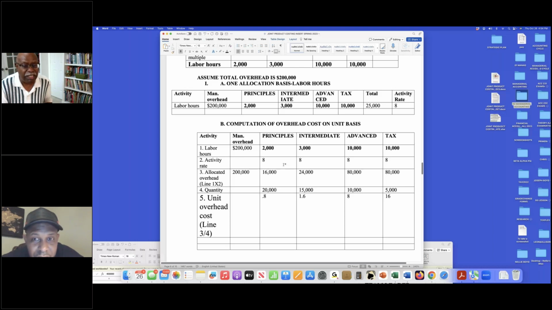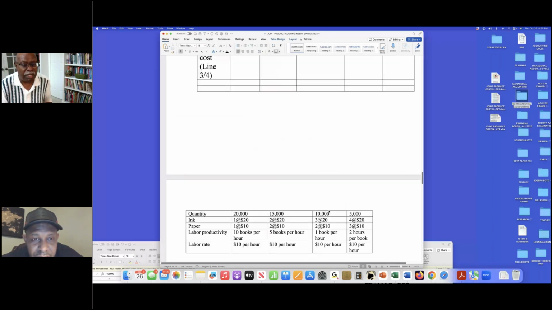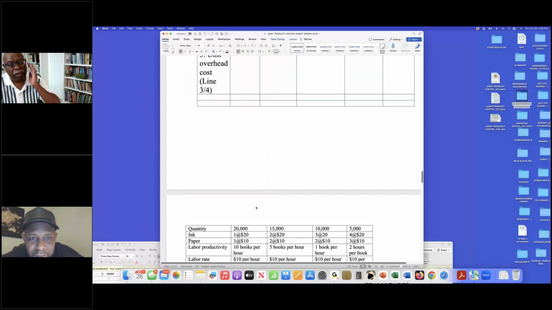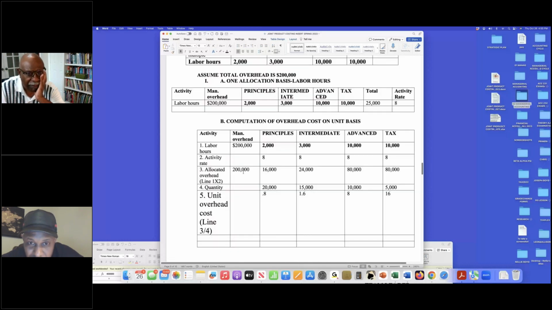Well, let's tell them what it is first. Remember, your unit cost is always what? Raw materials, ink and paper, labor, and overhead. And unit overhead was total overhead divided by quantity. Our total overhead was 200,000, but we got 4 books, so you can't divide into the 200,000.